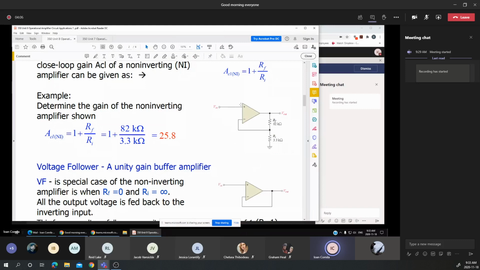And what an amplifier does, again, is amplify the difference between the two input signals. Means that the Vout is always the difference between the Vin positive, or the non-inverting input, and the inverting input signal.